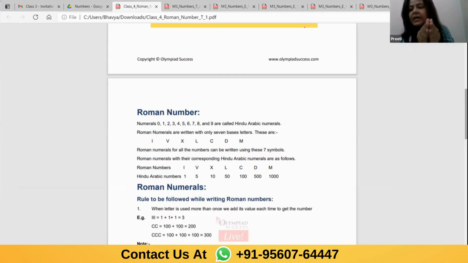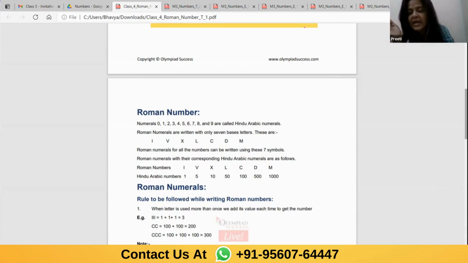Whenever there is a Roman numeral of greater value, if we write a Roman numeral of smaller value to the right hand side of it, that means addition. For example, VI means 5 plus 1, which is equal to 6.